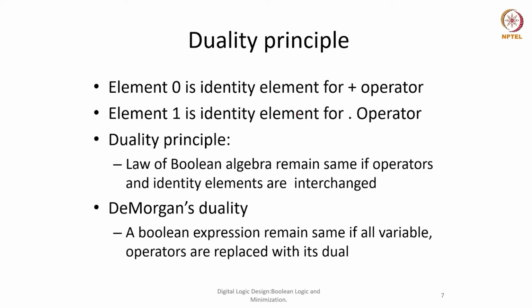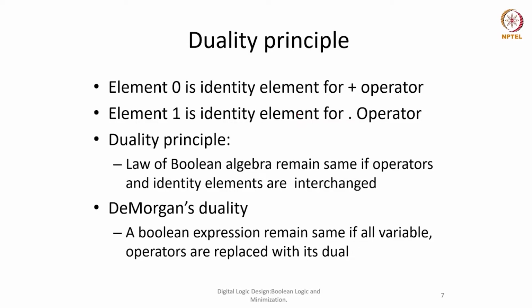But along with that, we also have to replace plus, meaning OR gate, with an AND gate, because 0 is an identity element for the OR gate and 1 is an identity element for the AND gate. So if we replace all of them, then the function would remain the same, the expression would have the same value.